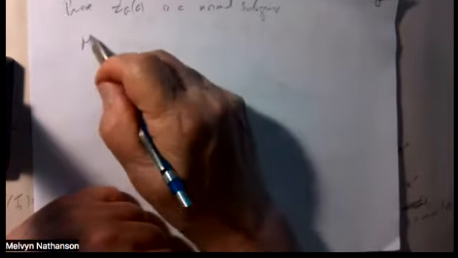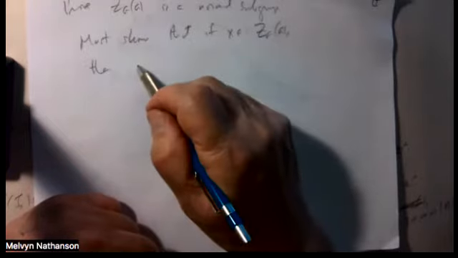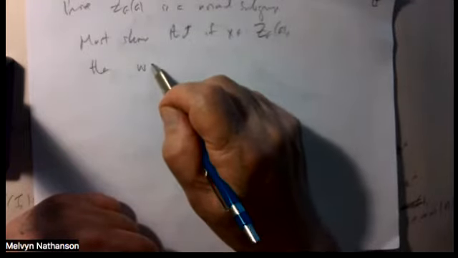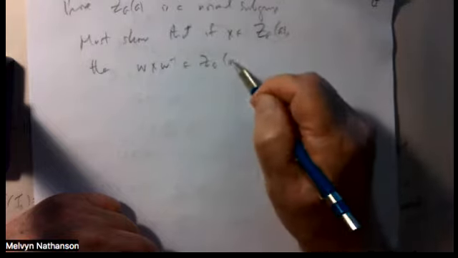So this means we must show that if X is in the centralizer, then let's say, I don't know, pick a letter, W. W X W inverse is in the centralizer for all W in the group.